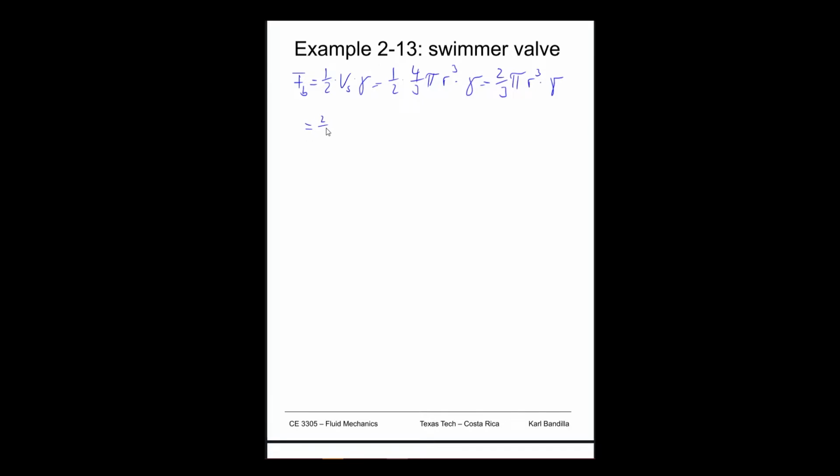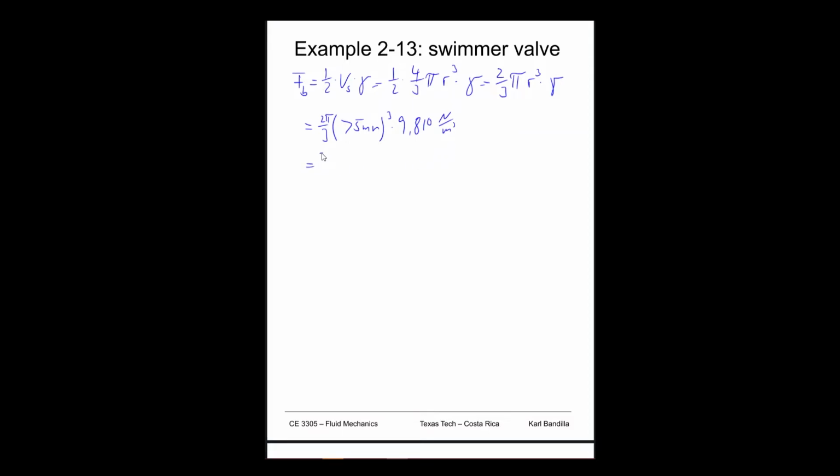That is 2/3 times pi times 75 millimeters cubed times 9,810 newtons per meter cubed.